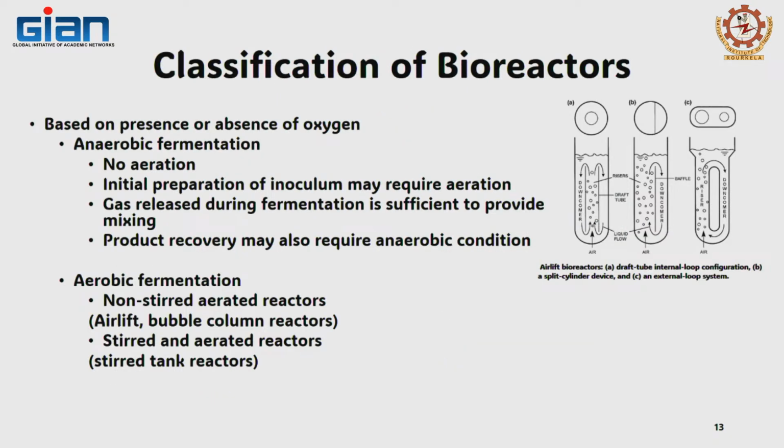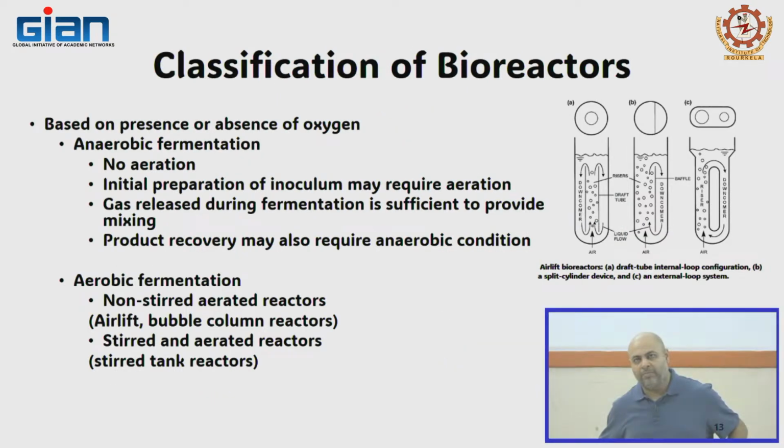Now let's get into the classifications of bioreactors. Bioreactors can be classified based on the presence or absence of oxygen. Before we start discussing that, can you tell me the two types of bioreactors that we have actually discussed once on day one?